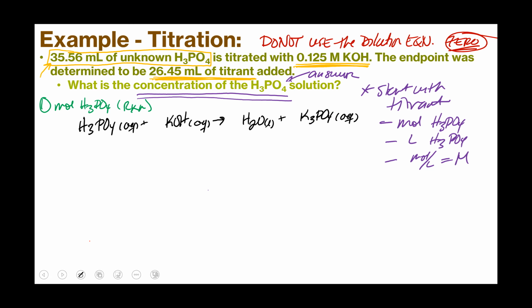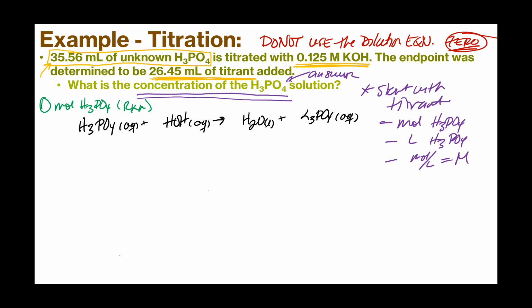Let's take a stab at this. We need 3 hydrogens, so we'll need 3 here. That gives us 6 hydrogens, so we'll need 2 of those. That means we're going to need 6 KOHs. That feels weird to me. Three waters. I've screwed something up. Why can't I balance equations?